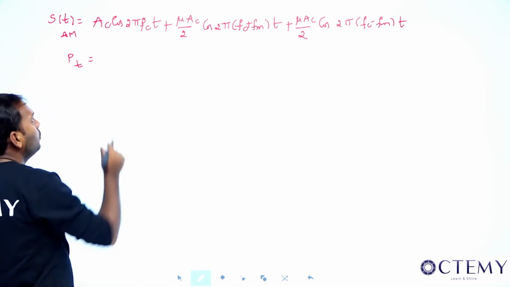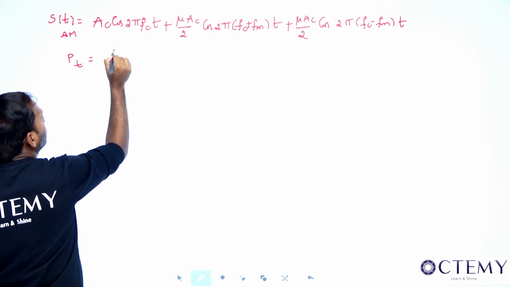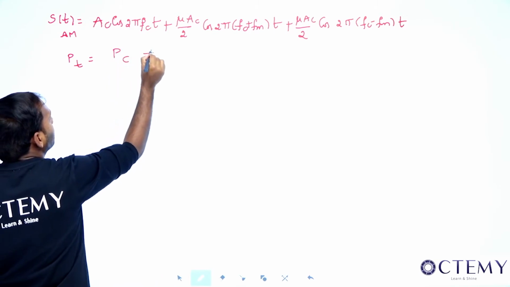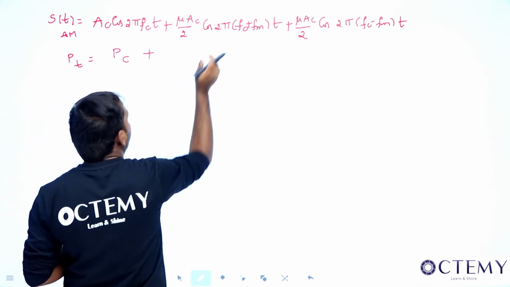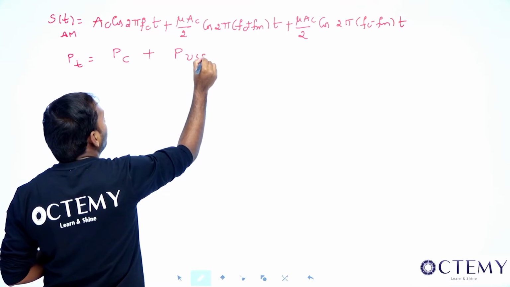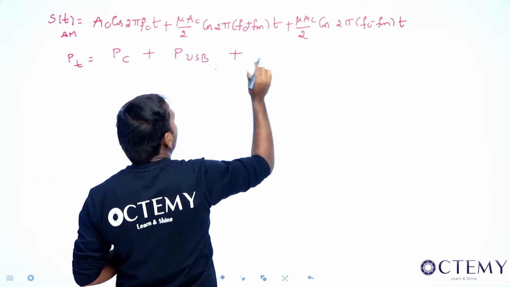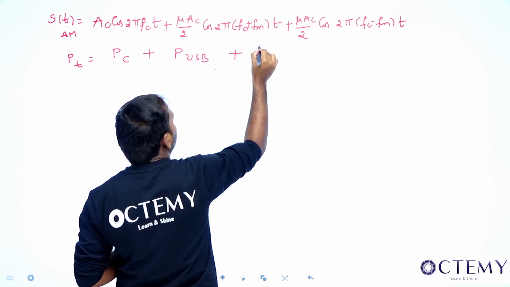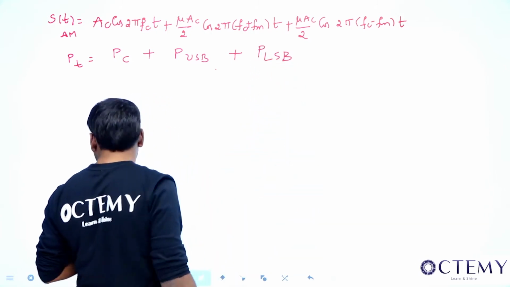This is the carrier, so I can write carrier power plus the power of the upper sideband component plus the power of the lower sideband component.